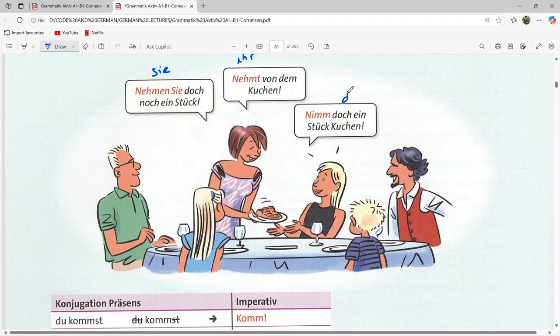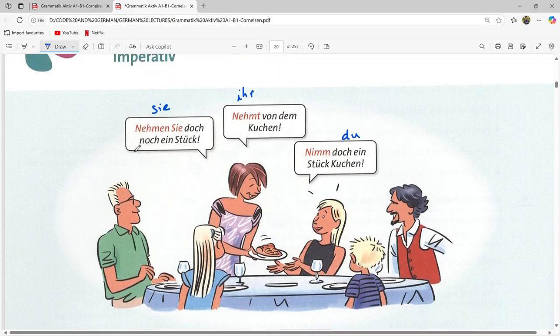This one represents the du form. So all of this represents you, you guys, like you plural, and also you. This you is informal you and this you is formal you. Let's go deeper.